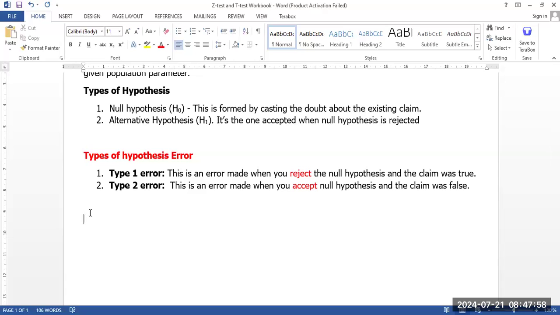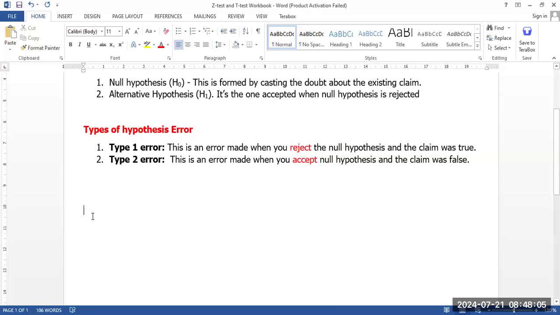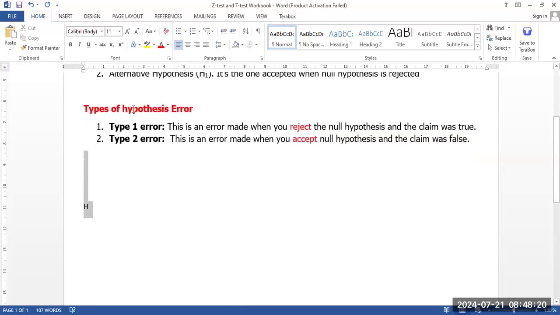But to understand this clearly, I may draw the diagram to help you. Assume this is your null hypothesis. Remember, we test the null hypothesis, and the null hypothesis is H naught. Assume this is our H naught.